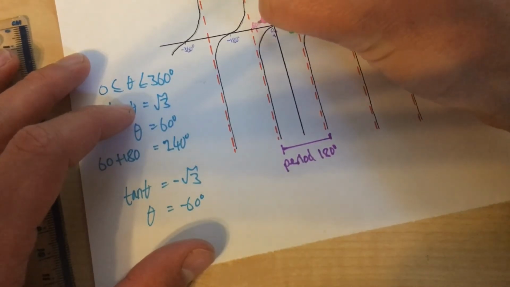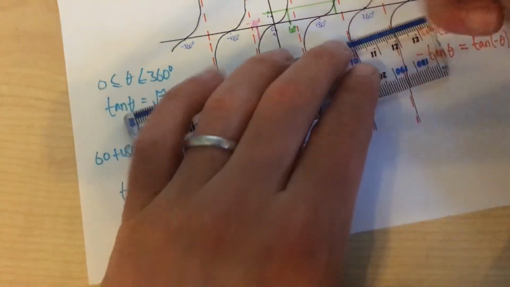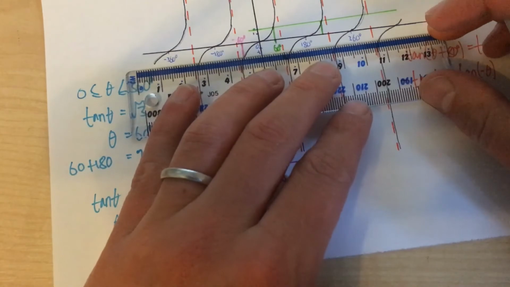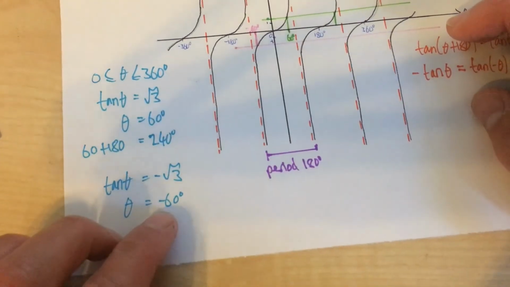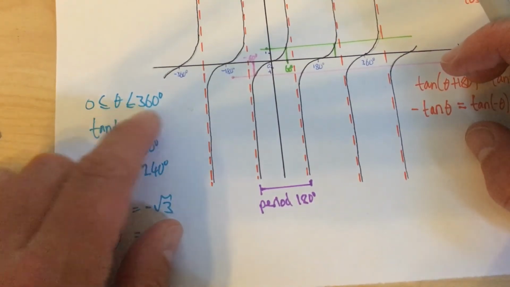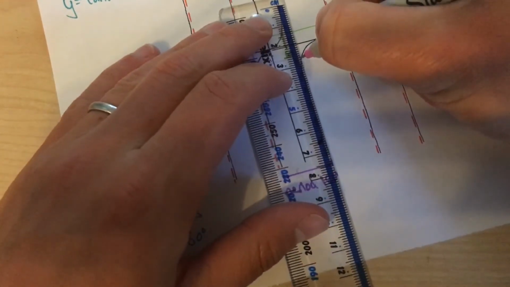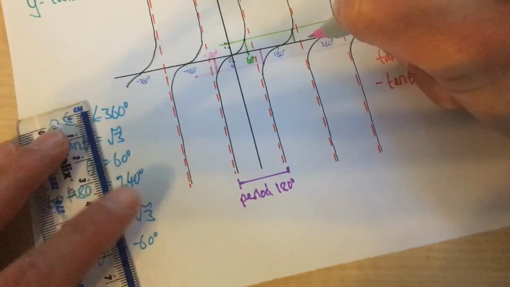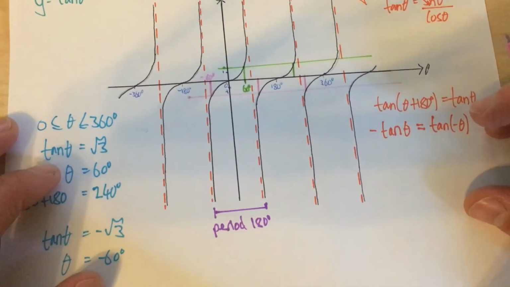I'm just going to draw it on top so that I can draw a line down to the graph. And then just like last time, I'm going to draw a line through like this, because the answer of minus 60 is outside the range that we want, which is 0 to 360. But we can see there's another solution here, and that's within the range, and there's another solution here, which is also within the range.